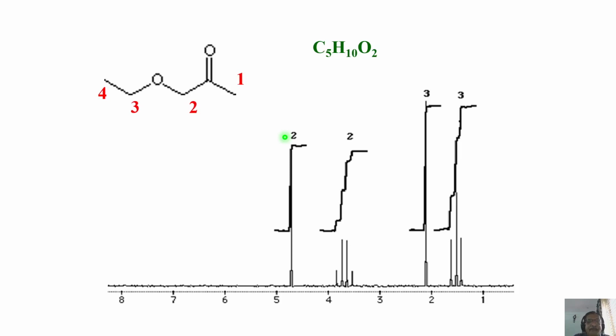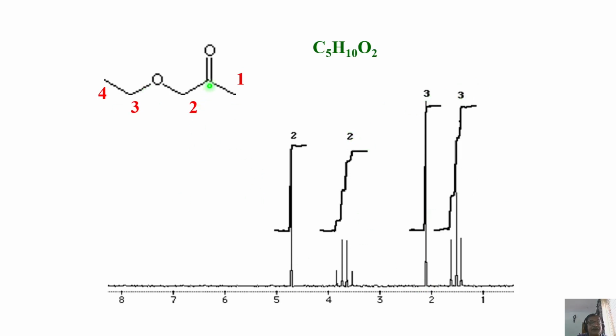Very interesting again. What is happening here? This is the terminal CH3, and it is coupled to the CH2 here. As a consequence, this is a triplet and this CH2 is a quartet. So the intensity ratio also perfectly agrees.